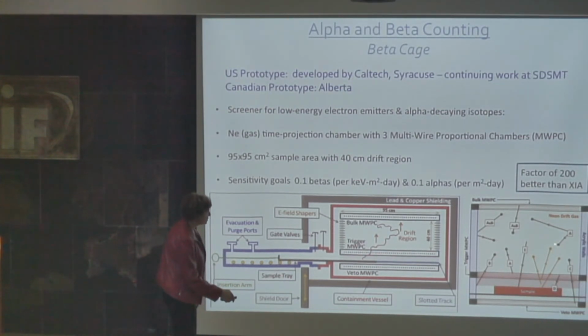So these are the ones that you do care about, and you can get rid of most of the background. It should do a factor of 200 better than the XIA for the alphas. But it can also do betas with the neon, with very, very thin walls and just wires here.